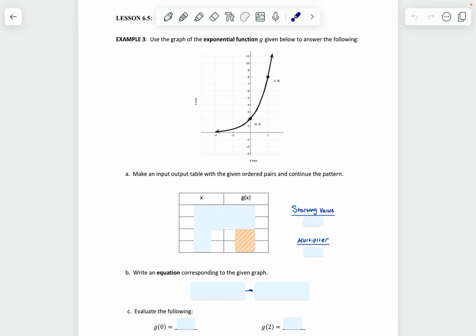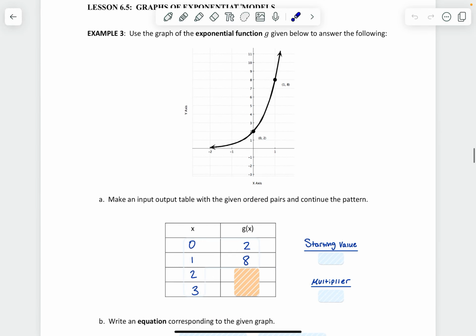All right. Completing what we know, we're going to make it easy on ourselves, go 0 through 3. I know 0, 2, I know 1, 8. Looks like I'm multiplying by 4, so I continue that pattern. My starting value is a, 0, 2, 2.